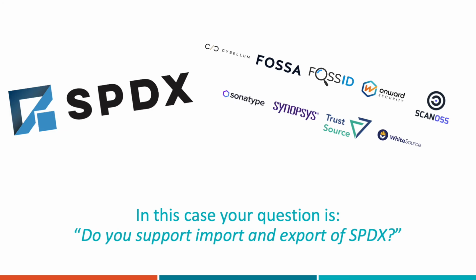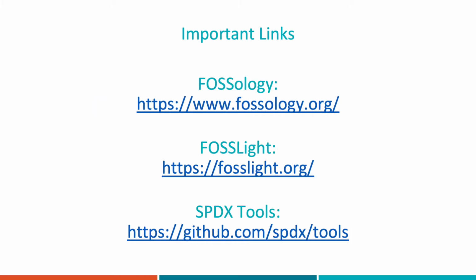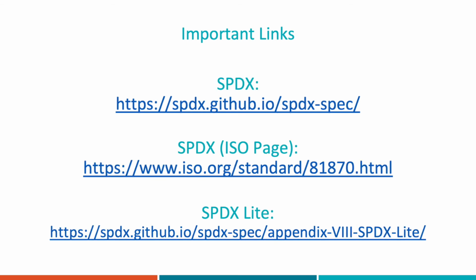There's a series of links that you should probably take a look at. There's the Open Source Review Toolkit, ScanCode, TERN. ScanCode, by the way, scans files, software repositories. TERN scans containers. There's FOSSology, Lite, and SPDX Tools. There's SPDX itself.